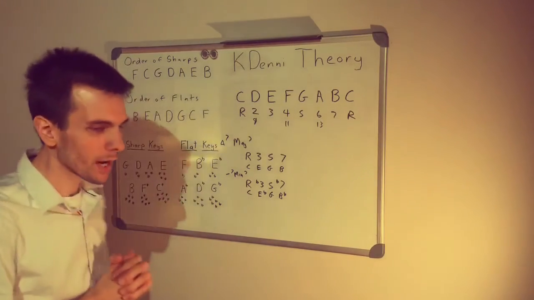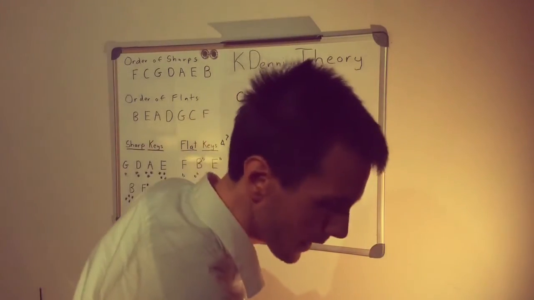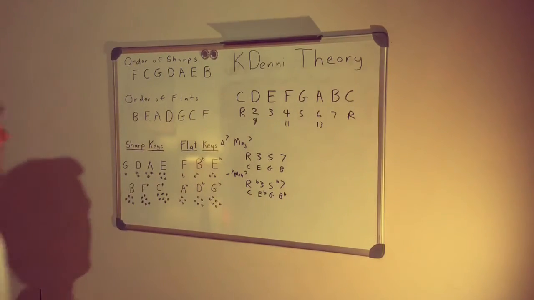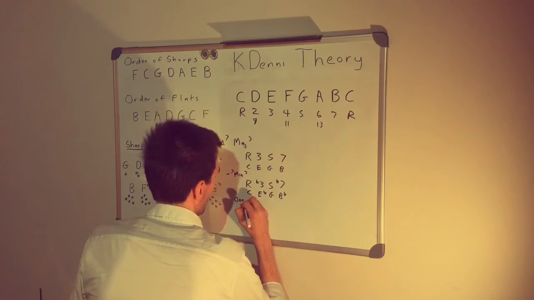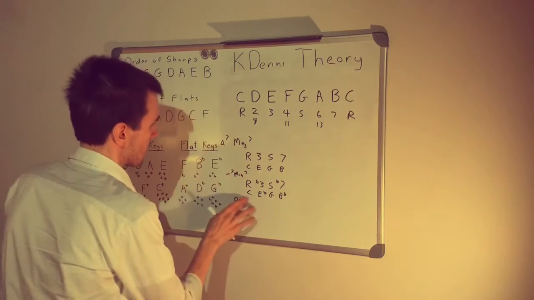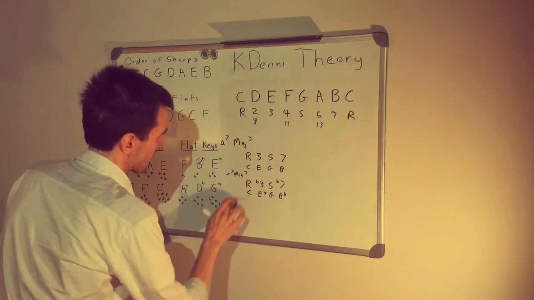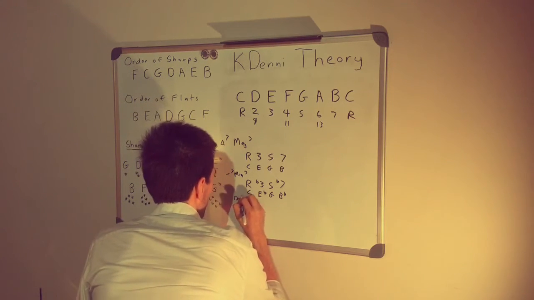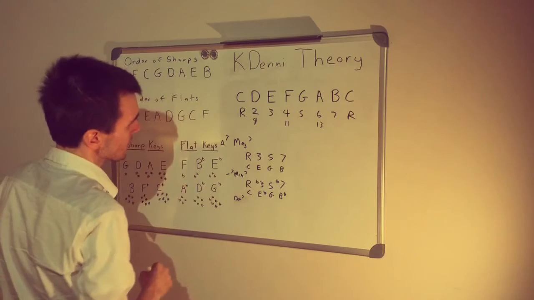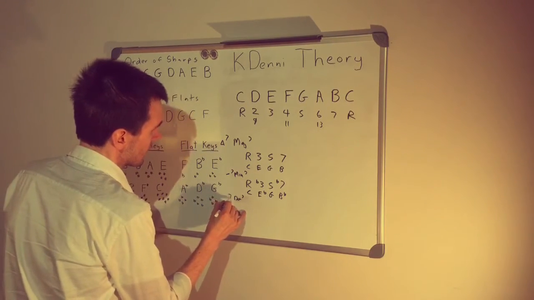Now, one of the most common 4-part chords that you will see is known as the dominant 7 chord. Let me push this over a little bit so I can get some semblance of symmetry going here. Dominant 7. You'll see this notated a lot of times as just 7.